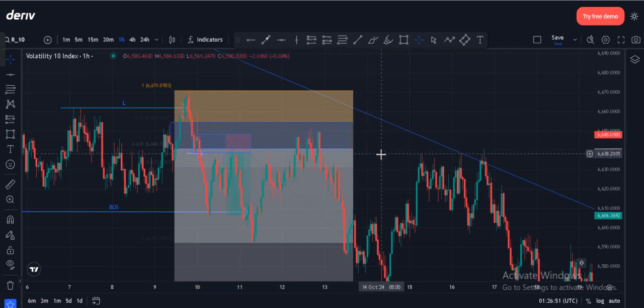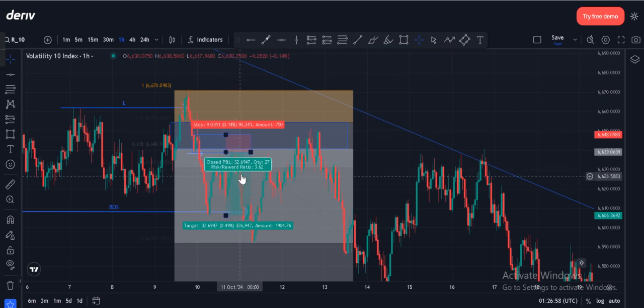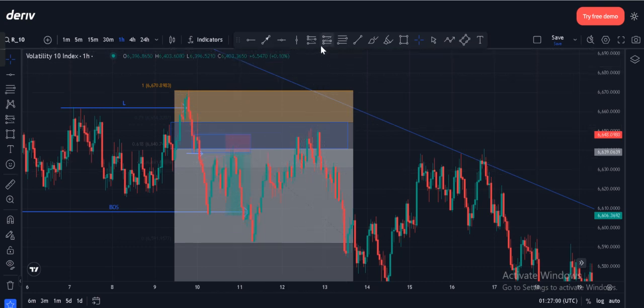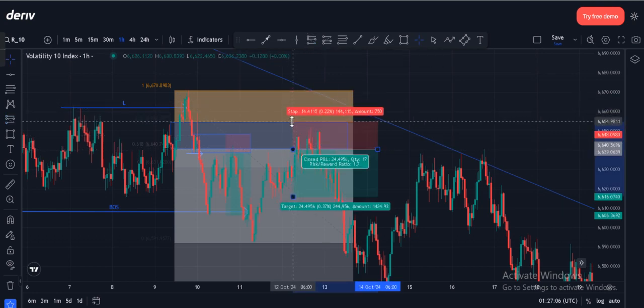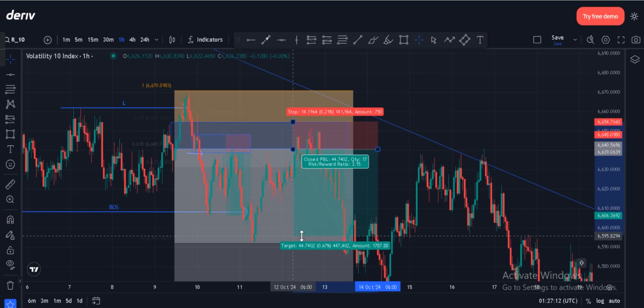Market got into expecting the 0.618 level once again, just as it did at this particular point here, and we pick our two. I'll take it down to this point.